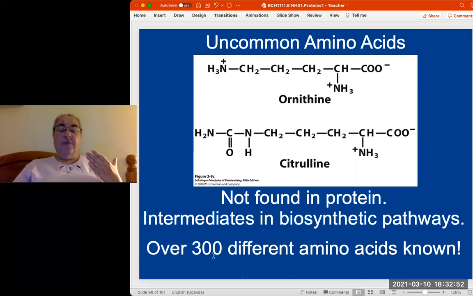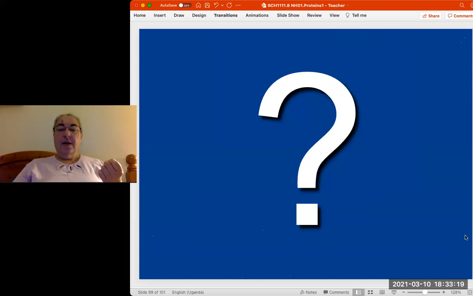Altogether, there's over 300 different amino acids known, all taking this same structure of a central carbon and the tetrahedral shape, but differences on the R group. So please do remember that the 20 common amino acids are not the only ones, over 300 different ones known altogether. Any questions?